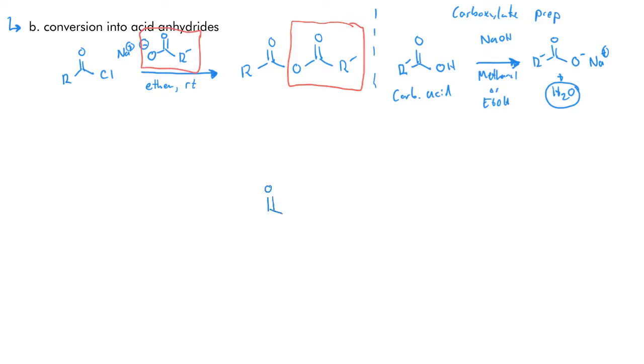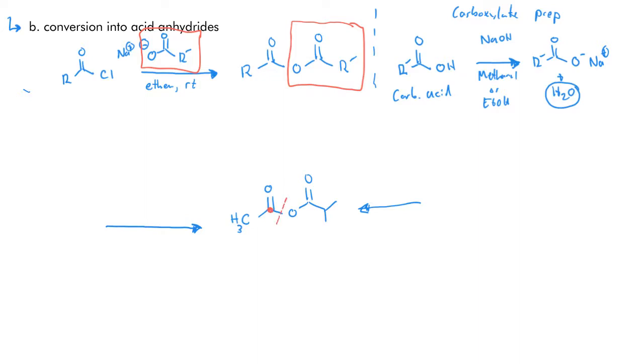The example I'm drawing here will be a mixed anhydride. And what I want us to do is to show two different routes to the same mixed anhydride. So we're going to need to use in each route a different acid chloride. I'm going to start by imagining the first way to make this anhydride would be using the acid chloride on the left-hand side.